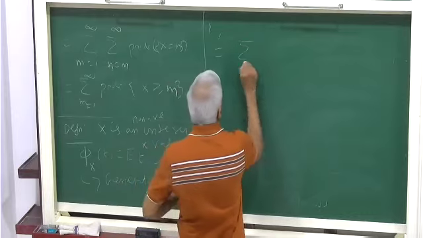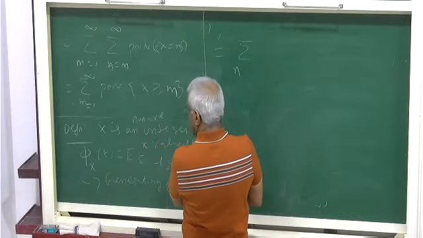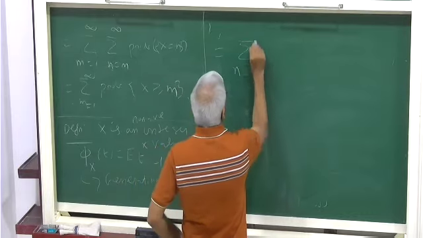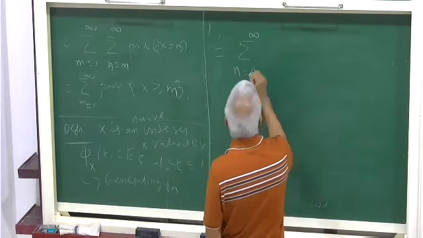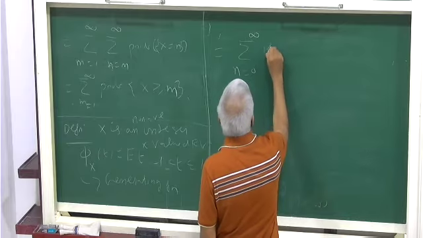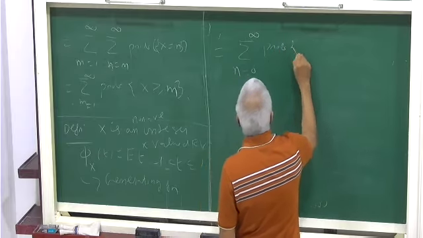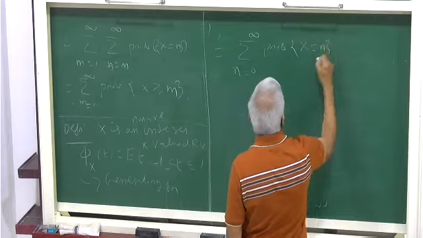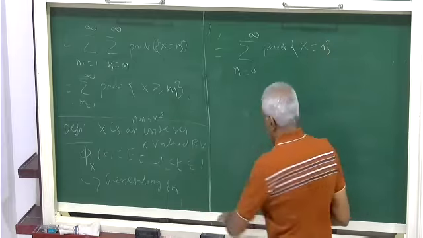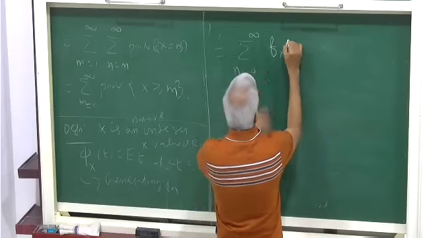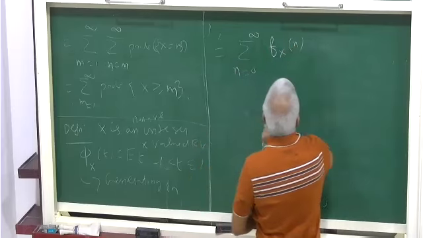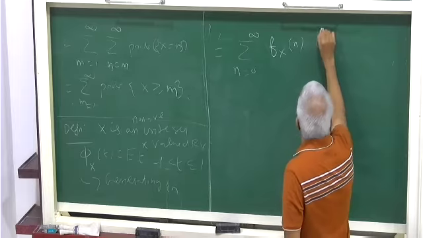This is equal to summation n equal to 0 to infinity, because it's integer valued, probability of x equal to n, or this is just fx of n if you want, times t power n.